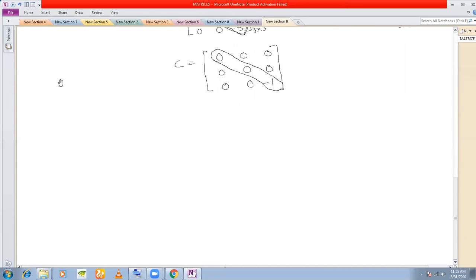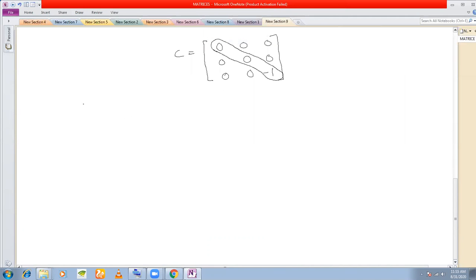Okay, let us now come to the next definition, the definition of a scalar matrix.